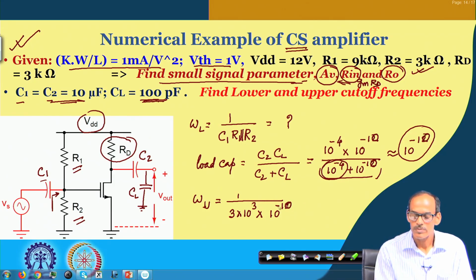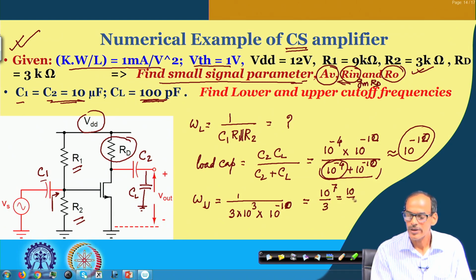Anyway, this becomes 10 to the power 7 divided by 3, or 10 divided by 3 mega radian per second.